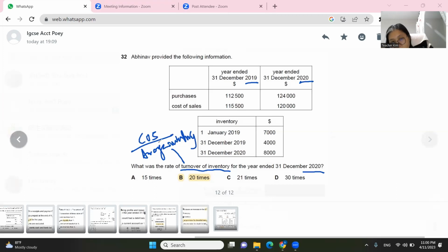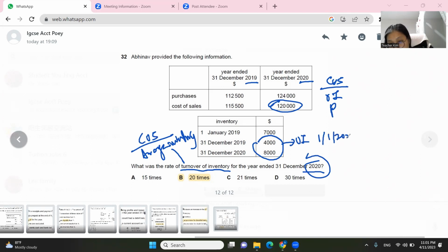The cost of sales is given here, so we don't need to calculate it. Then for the opening and closing inventory, to get the average inventory we use these two, because this one becomes the opening inventory for 1st January 2020.